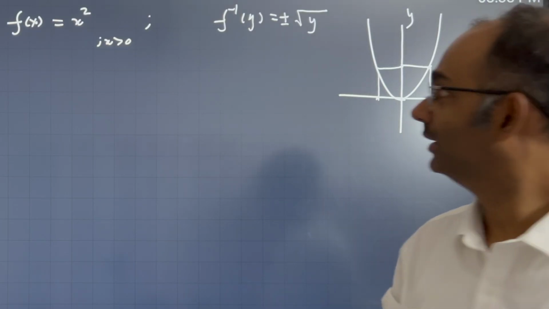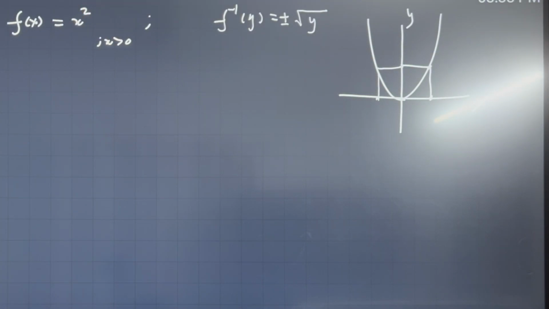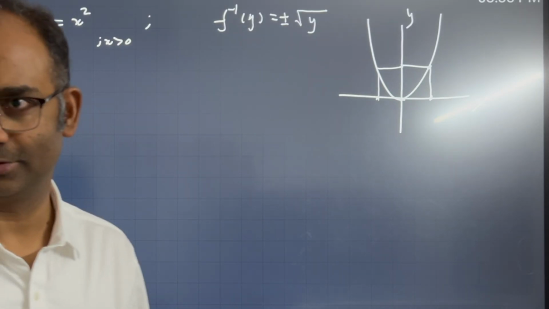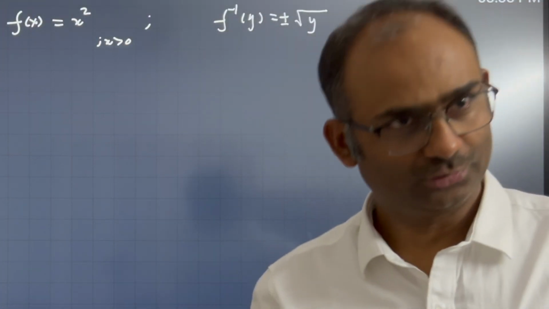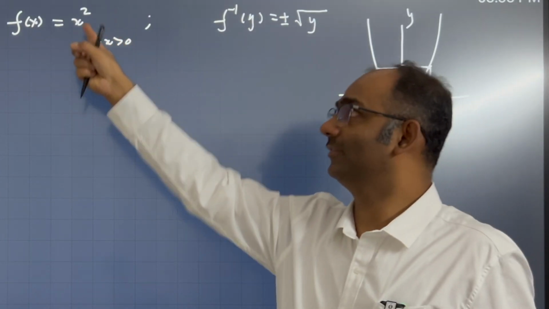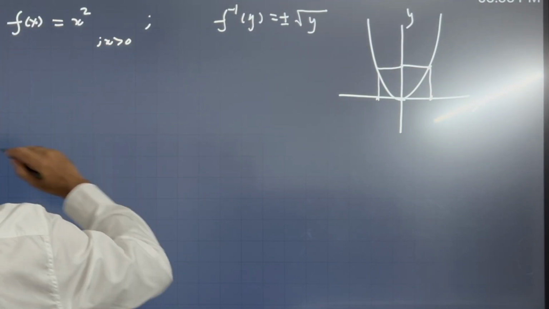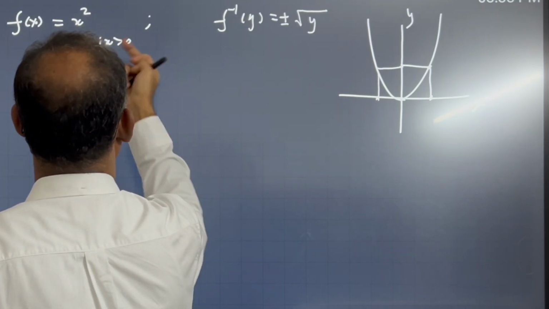That's why I put this qualification x greater than 0, and we will see that later in other examples also, that to make the inverse a single valued function, I might have to put certain such restrictions.